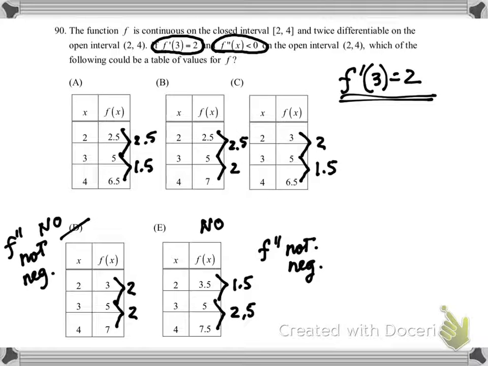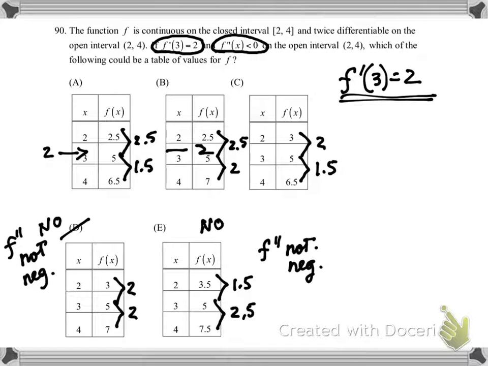So going from 2 to 4, somewhere here, the slope is actually 2, like between the 2.5. Okay, I don't know how I'm going to explain this.